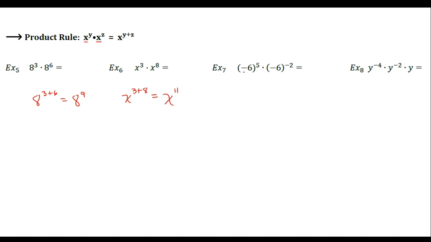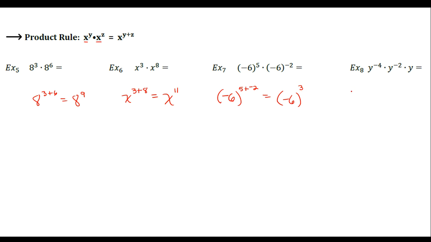Number 7, again, we're going to be careful and we're going to use parentheses because the negative is included. So we have a base of -6 raised to the fifth times -6 raised to the -2. And we get -6 raised to the +3.